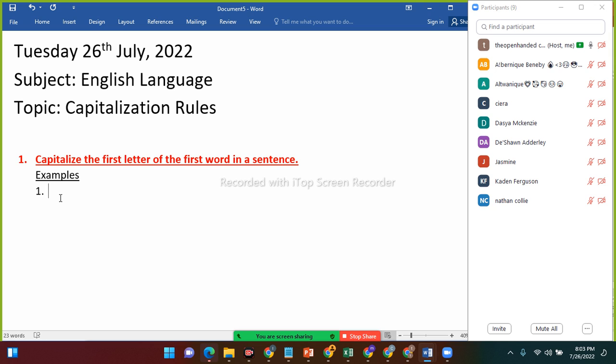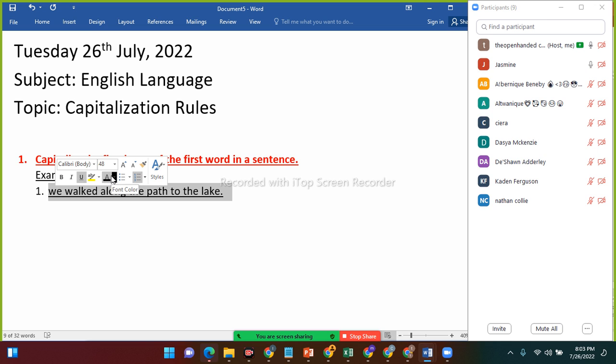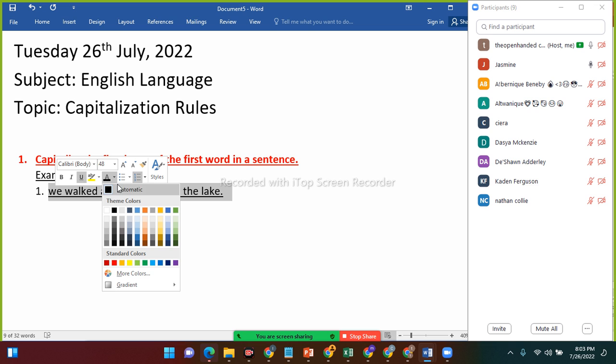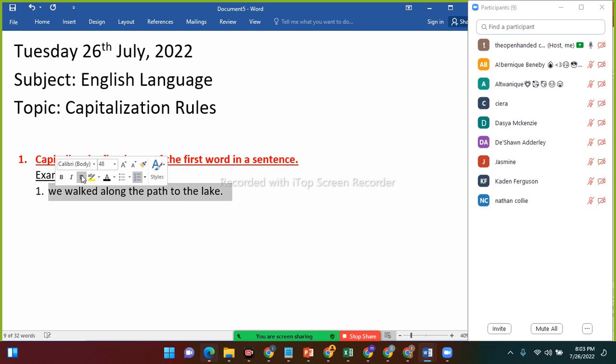So for example, if I have: we walked along the path to the lake. Can someone tell me what's the problem with this? You have to capitalize the W in we. Exactly, I have to capitalize the W. Very good, Jasmine.